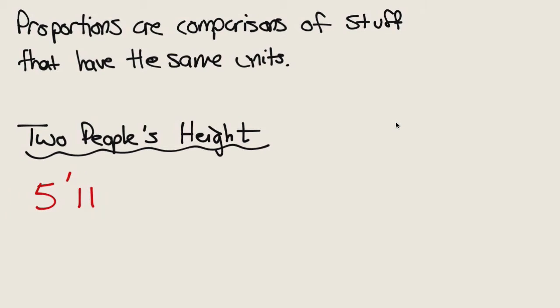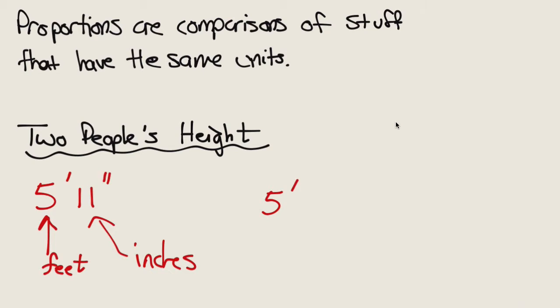This is how you would write this. This means 5 feet, 11 inches. My mother was 5'2". She was 5 feet 2 inches. She was relatively short. So again, feet and inches.